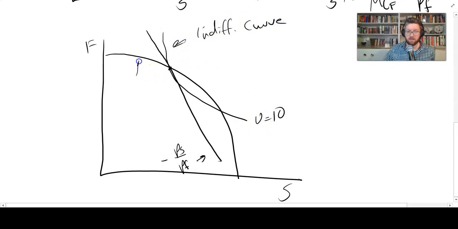And this is a PPF. And essentially you can see that there's this area over here where there's potential gain. Okay, the economy could produce more, could give up a little bit of food, produce a little bit more shelter, and it would make this person better off. They could get all the way out to a higher utility over here, and it would be kind of win-win-win.